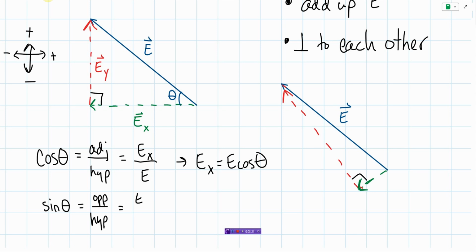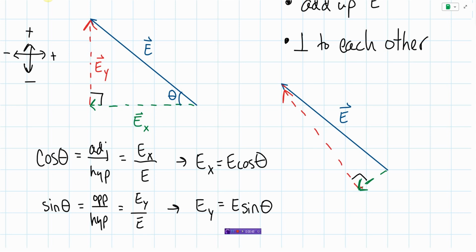In this case that is EY over E, which means the magnitude of the Y component of E is E sine theta. Now again, I'm only doing magnitude here. You will need to put in any negatives or positives that are necessary.